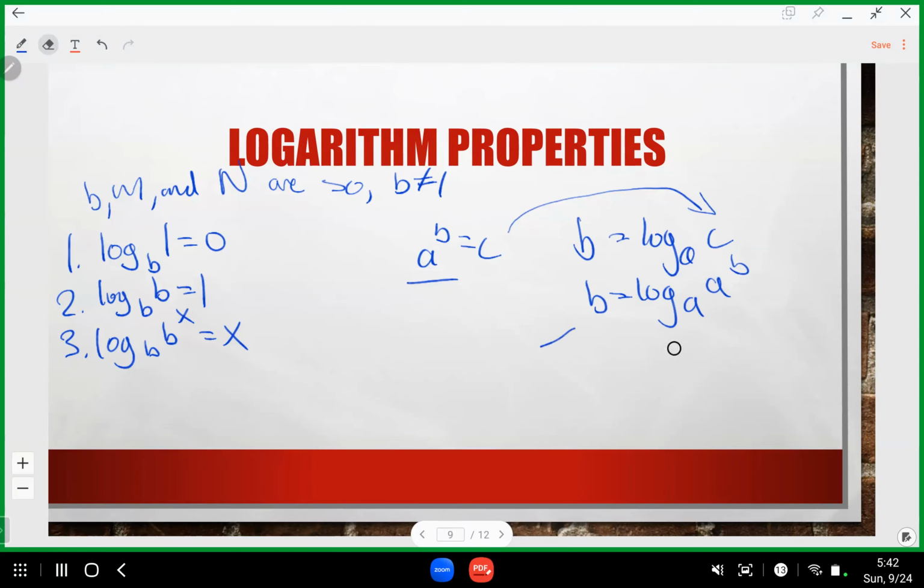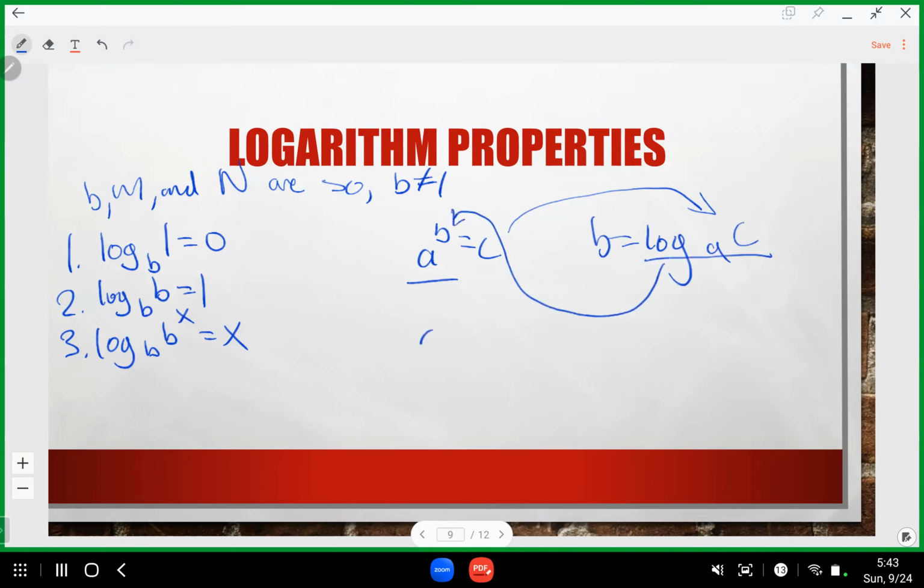We also can get another property, which is, I think, the fourth property. What you have to do is take b is equal to log base a of c, and substitute this in for b in the other equation. So a to the exponent of log base a of c is going to be equal to c.